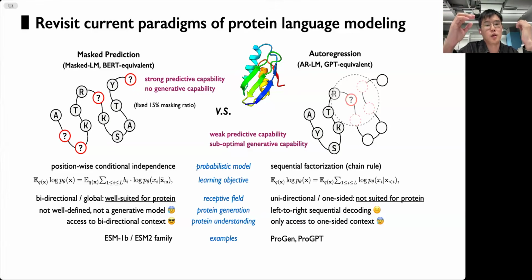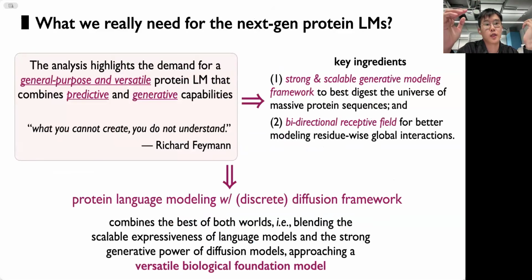So to summarize, what we need for a best-suited framework for modeling protein sequences, there are two keys to achieve a general-purpose or a stronger protein language model.